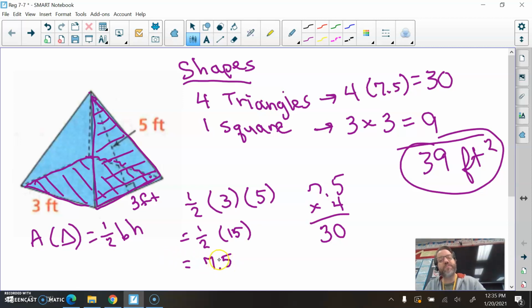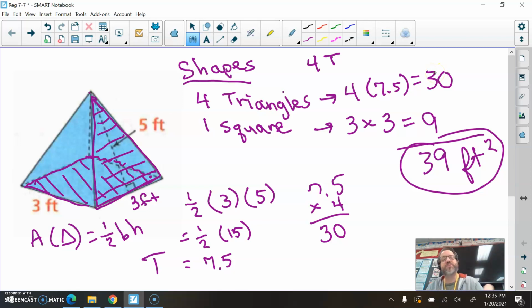So this 7.5 that I found, when I found that to be the area of one of those triangles, I'm going to call that capital T, or big T. Yesterday, if you watched that top secret video, you saw I referred to the area of the base with big B. For the area of each of these triangular faces, I'm going to call that big T. So to find the area of those four triangles, I took 4 and multiplied by the area of one of those triangles, big T, which was 7.5, to get that total of 30.